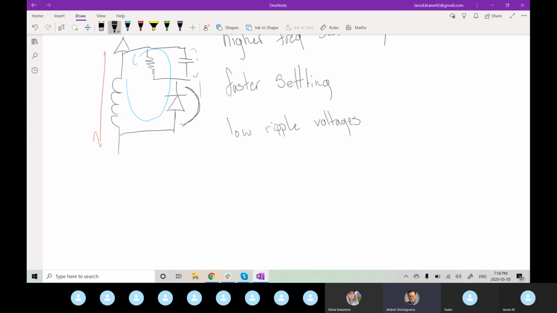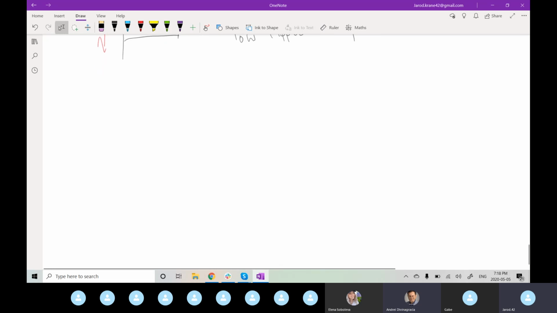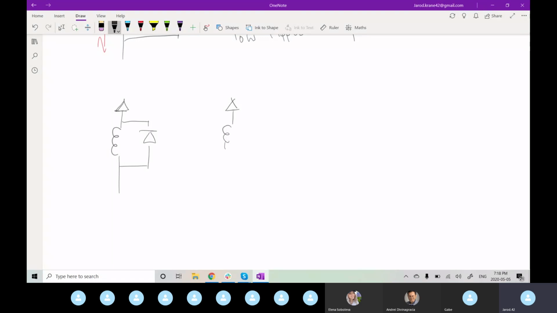So it's like strictly a better version, or not better, like a faster version of just a flyback diode. Yeah. So what you typically see, just the flyback and the RCD is purely speed.